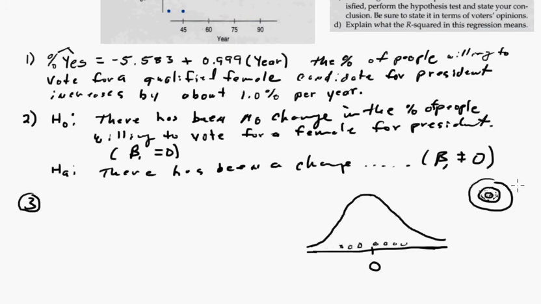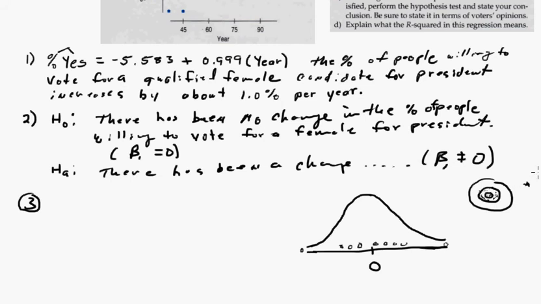If the dart thrower threw a dart way out here and missed, that would start to make us suspect maybe he or she is not an expert. Same thing here. If we get a sample value that's way out here, that would start to make us think maybe the null hypothesis is not true.